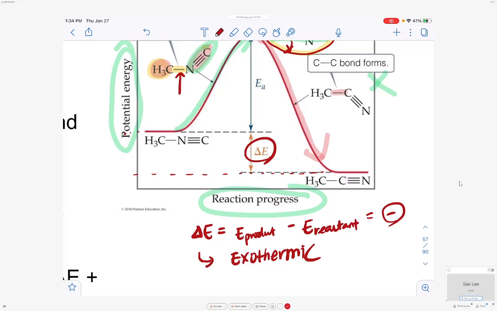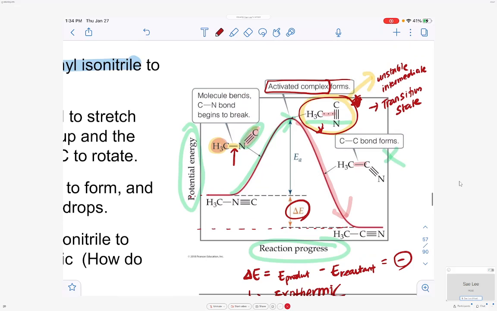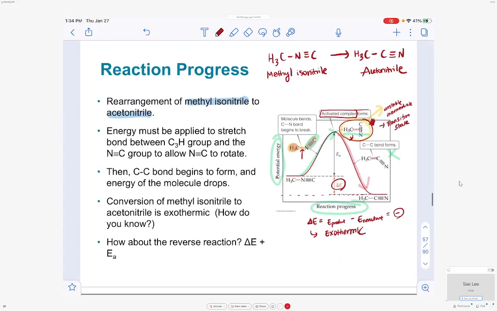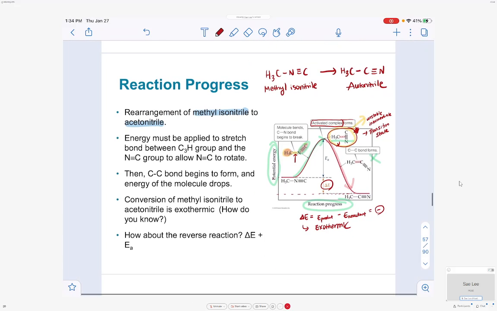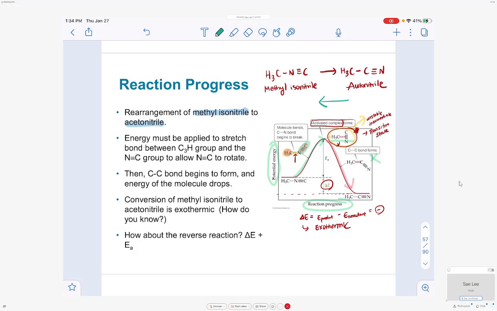So how about a reverse reaction? How about when you're performing a reaction where acetonitrile is becoming methyl isonitrile?